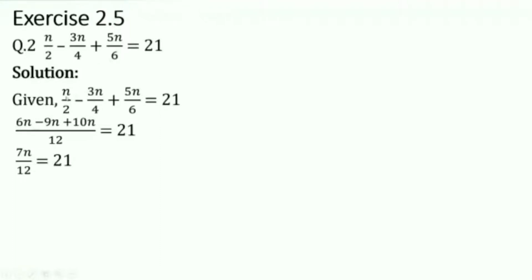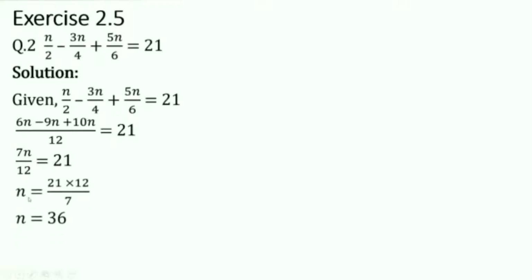So here we'll multiply this n with 6. 3n with 3 will get us minus 9n, and here multiplying 5n with 2 will get 10n upon 12 is equal to 21. Now 6n minus 9n plus 10n will result into 7n upon 12 is equal to 21.